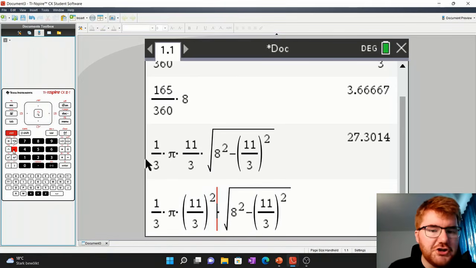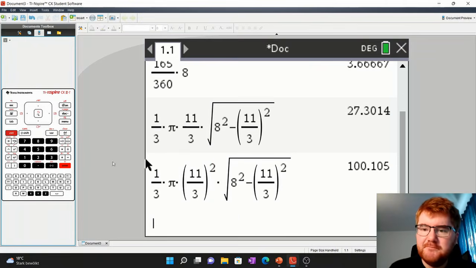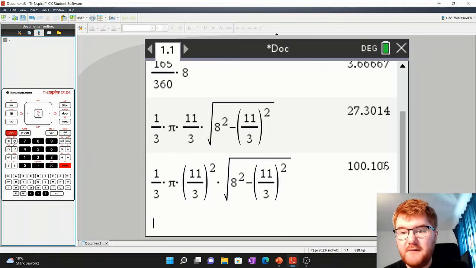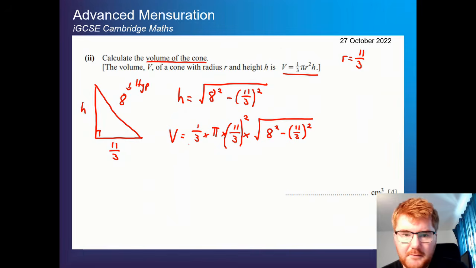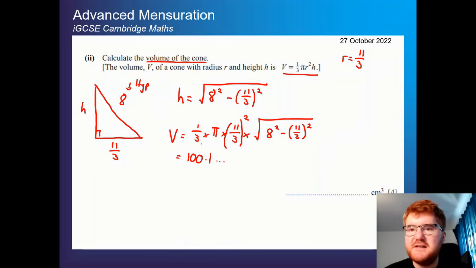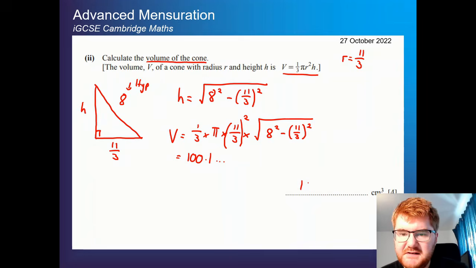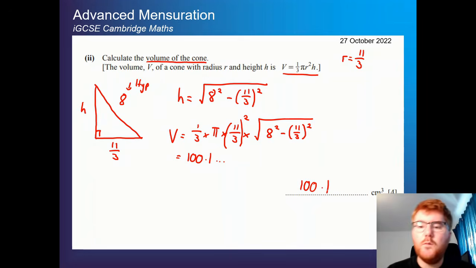Go back through, check and see, okay, that's where the mistake was made. So if I put this in, now I get to the correct answer of 100.1. So I'm going to keep this to one decimal place here. So we're going to put this in as 100.1 cubic centimeters.